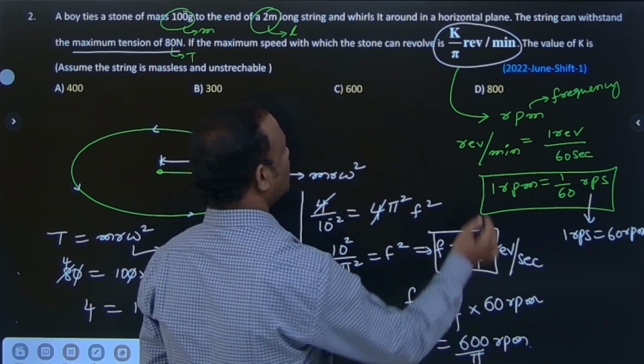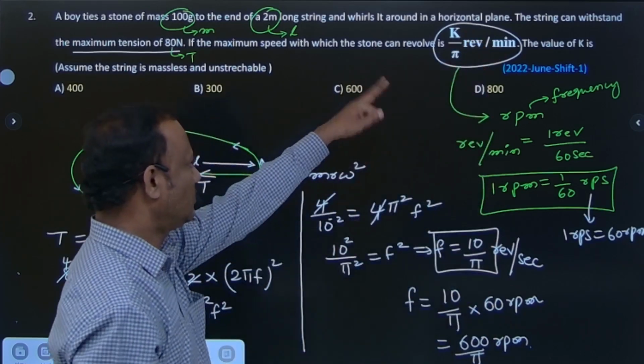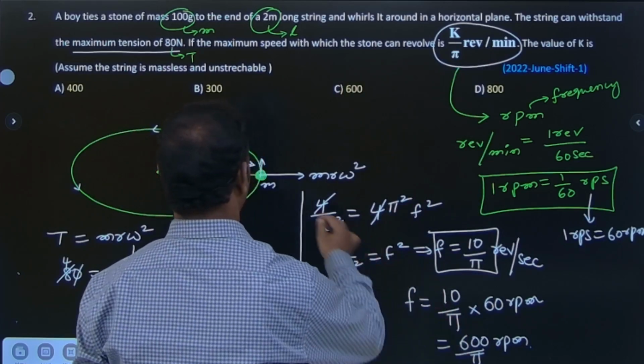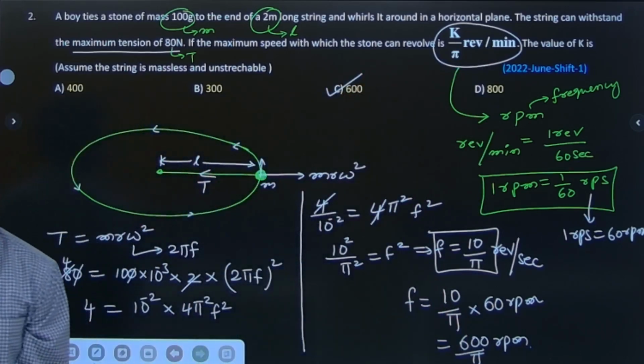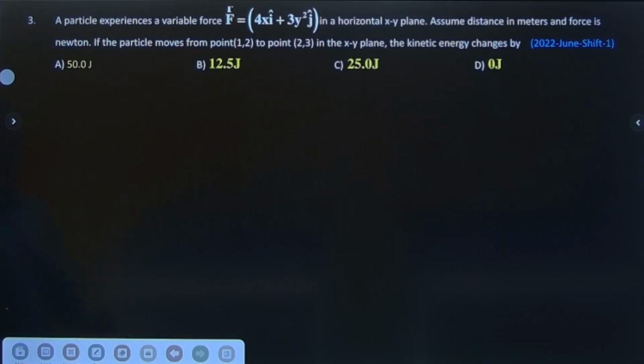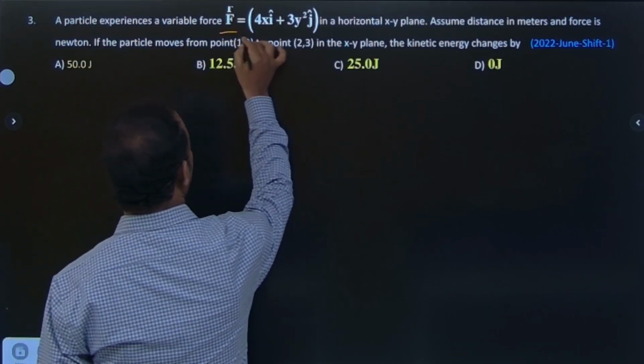It is talking about K by pi revolution per minute, RPM. So the value of K is 600. Option C is correct.